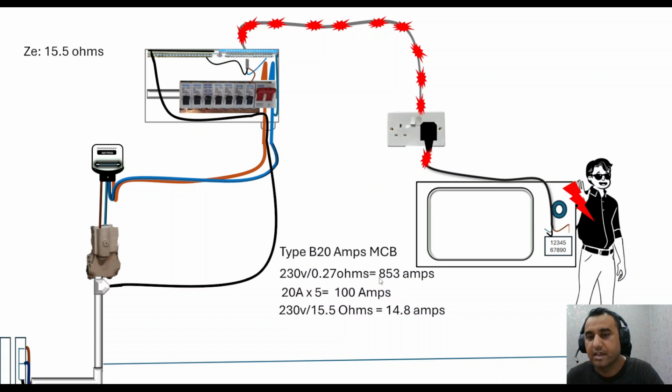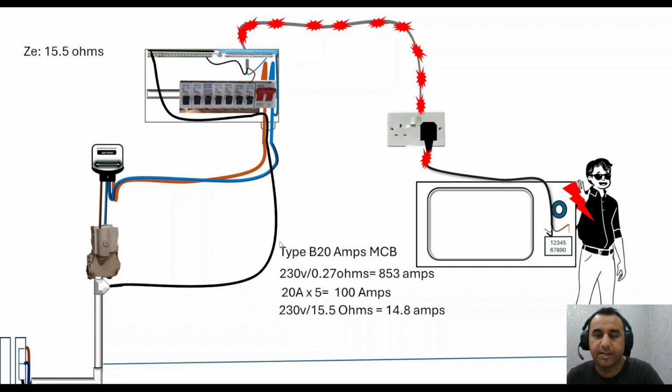There's all this stress. These 853 amps are going to be flowing here in the cable, and that could lead to this cable catching fire, or this appliance catching fire, because this MCB is not tripping. It's not tripping because it's not detecting this current, because of this earthing arrangement.